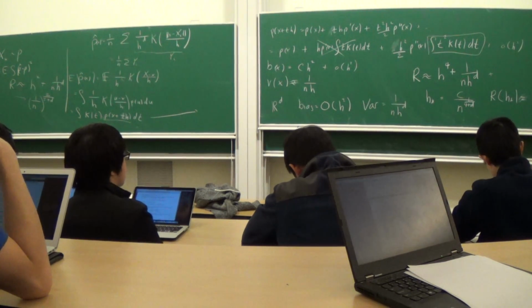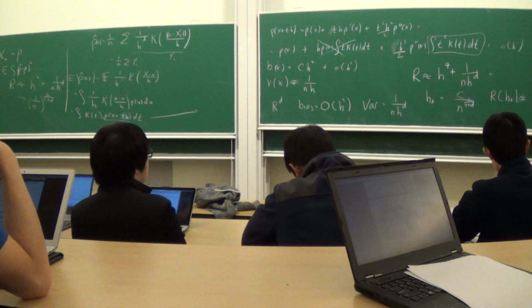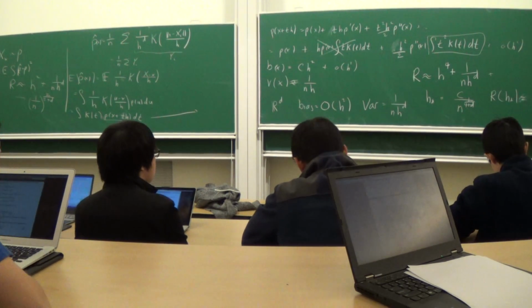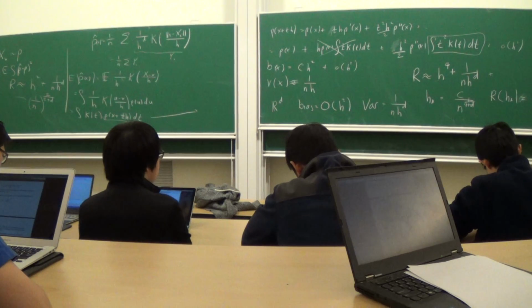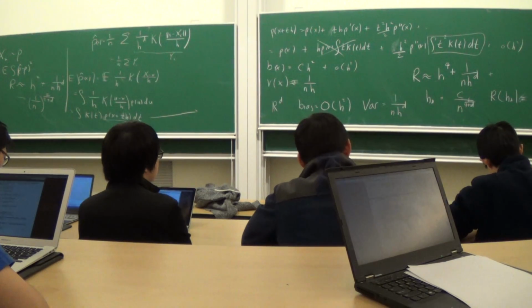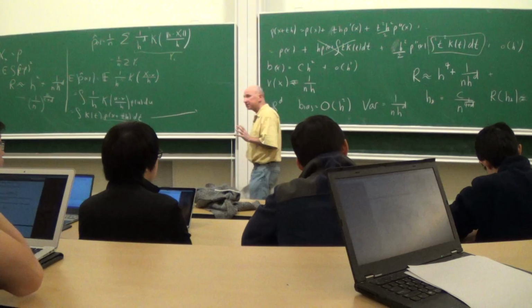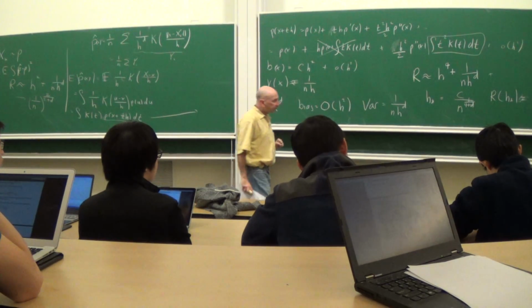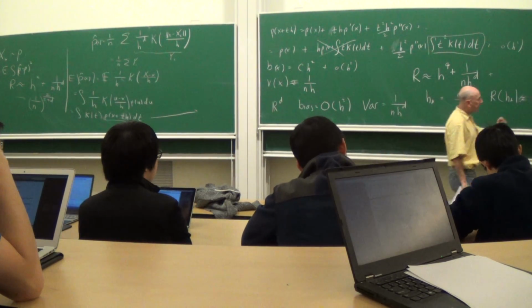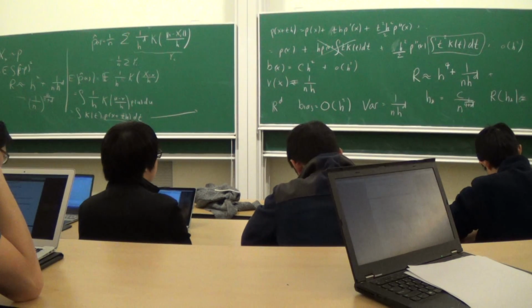In a few minutes, we'll do a little bit more general analysis. The 4 will be replaced by something else. This is the most common assumption. So what we see is that if I can pick the best possible bandwidth, and if I assume that the density is twice differentiable, the kernel density estimator has a risk which is going to 0 like 1 over n to the 4 over 4 plus d.